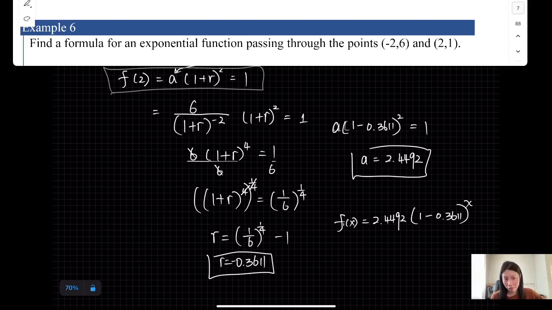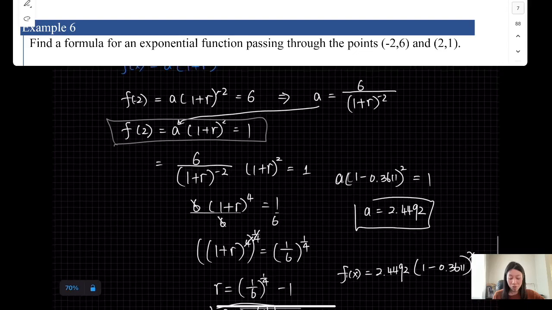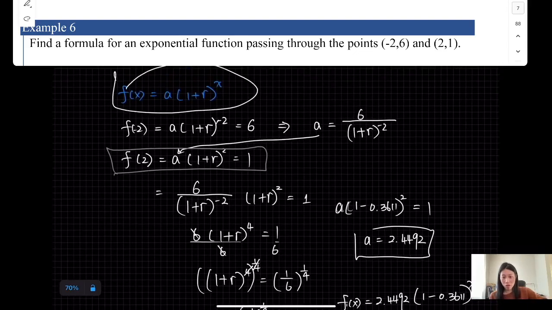So if instead of giving you 2 points, they're giving you a graph, the approach is the same. You find 2 points on the graph and then substitute into the exponential function and use it to solve for A and r.